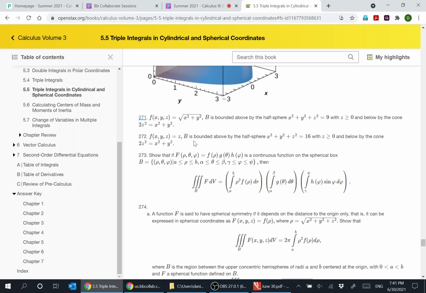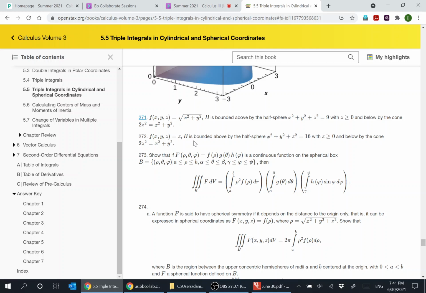So f of x, y, z is z, and b is bounded above by the half sphere, x squared plus y squared plus z squared equals 16, with z bigger than or equal to 0, and below by the cone, 2z squared is x squared plus y squared.